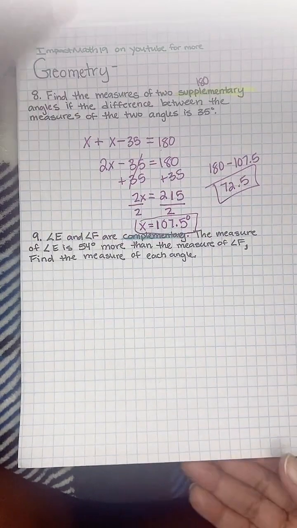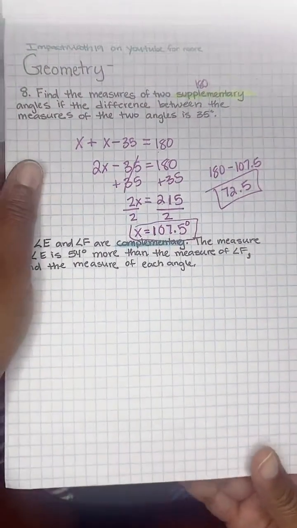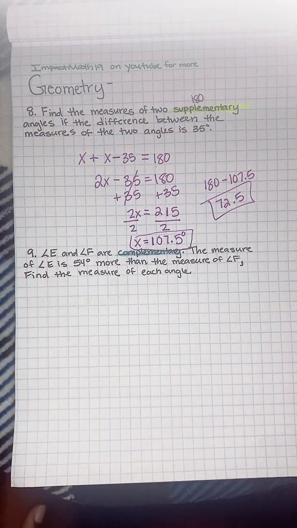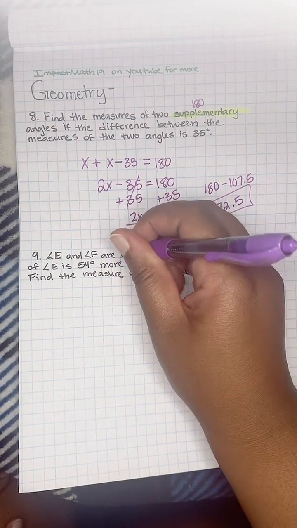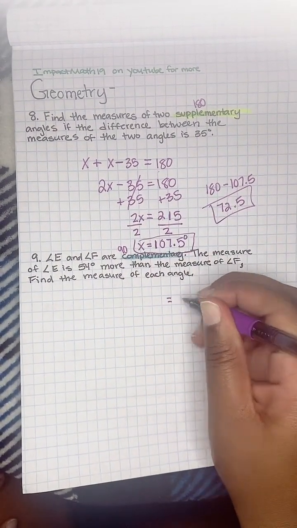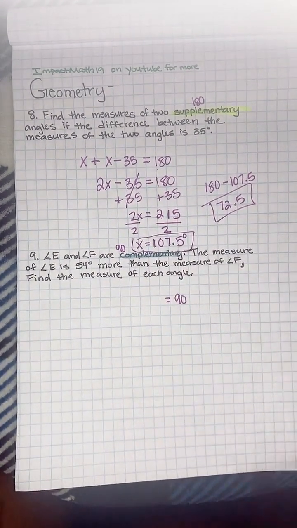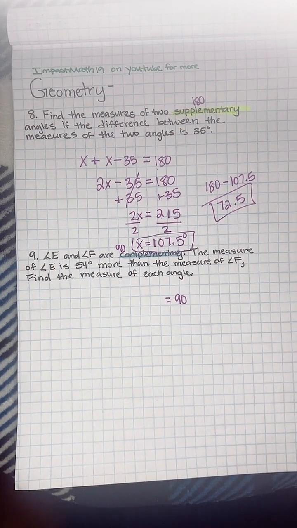All right. So here, complementary means 90. So we know that's going to be our total here, 90. Then it gives us a little bit more information.